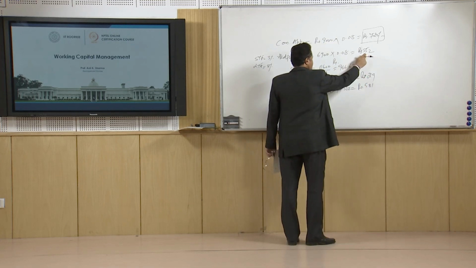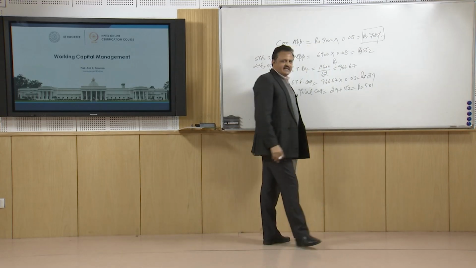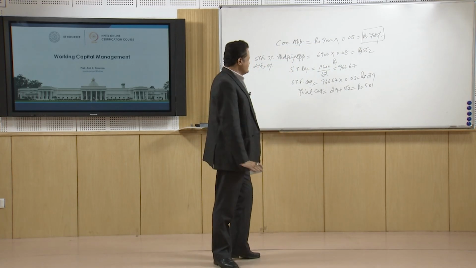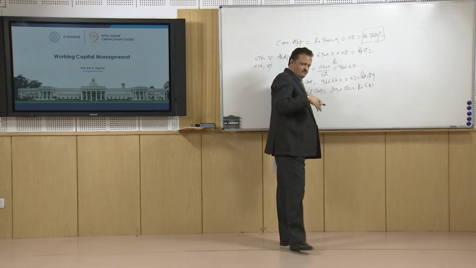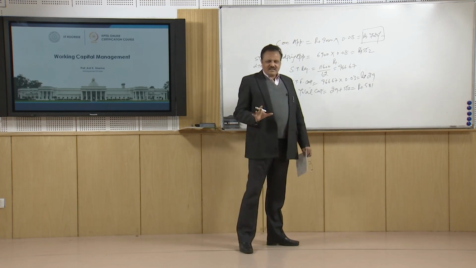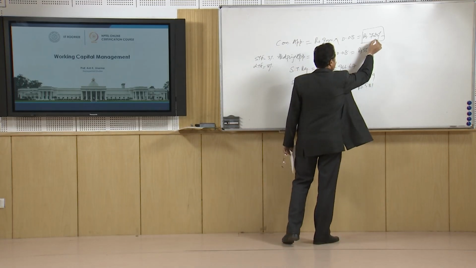This is the cost of long term funds, this is the cost of the short term funds. So total cost is 581 rupees, million rupees or whatever it is. So this is a cost. It means when you have increased the proportion from 0 to some percent under the matching approach, under the hedging approach, your cost has come down as compared to this cost.